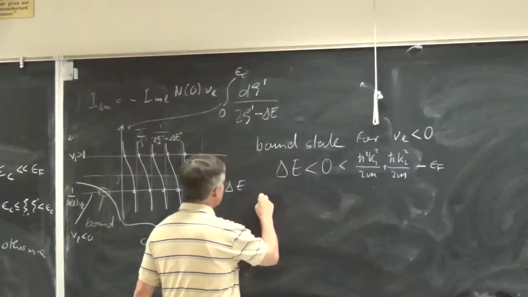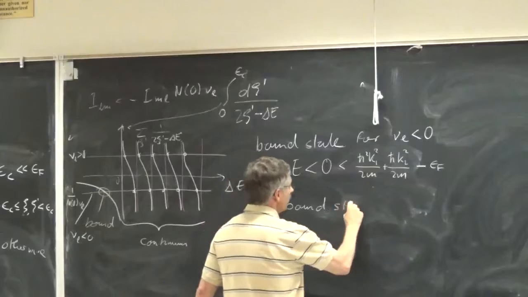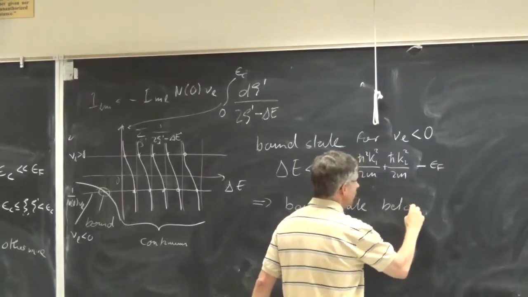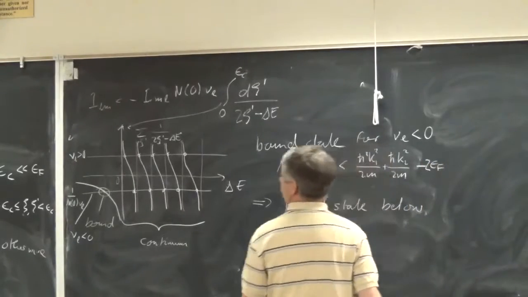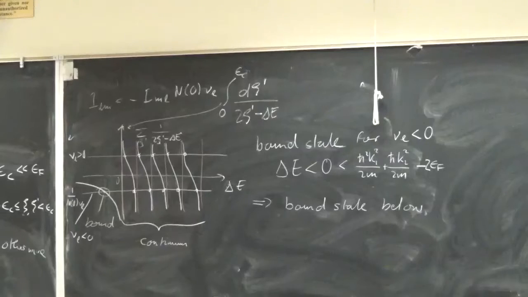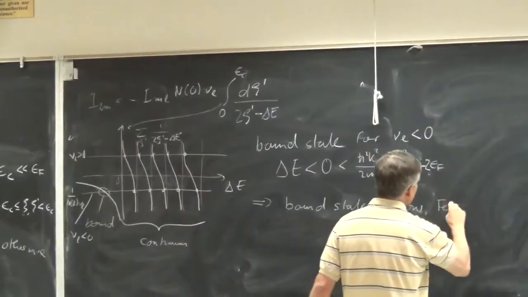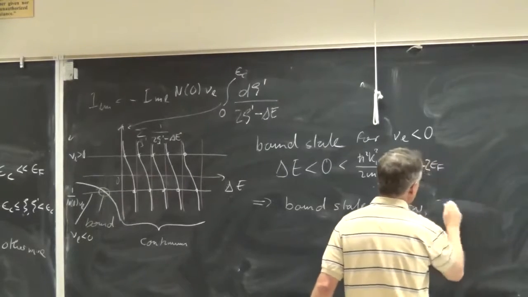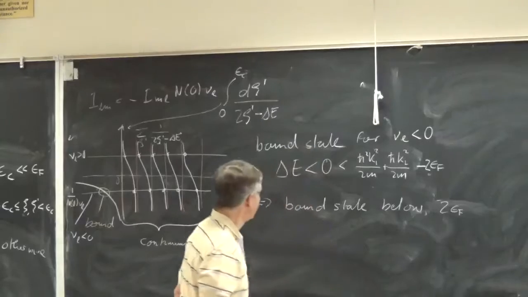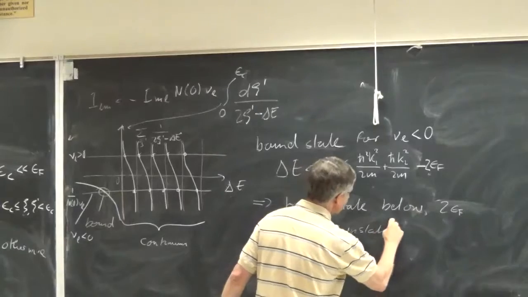So what I can say, you get a bound state below, oh sorry, this is 2 epsilon F. So this is also 2 epsilon F. So below 2 epsilon F. So this is the so-called what we call the Cooper instability.